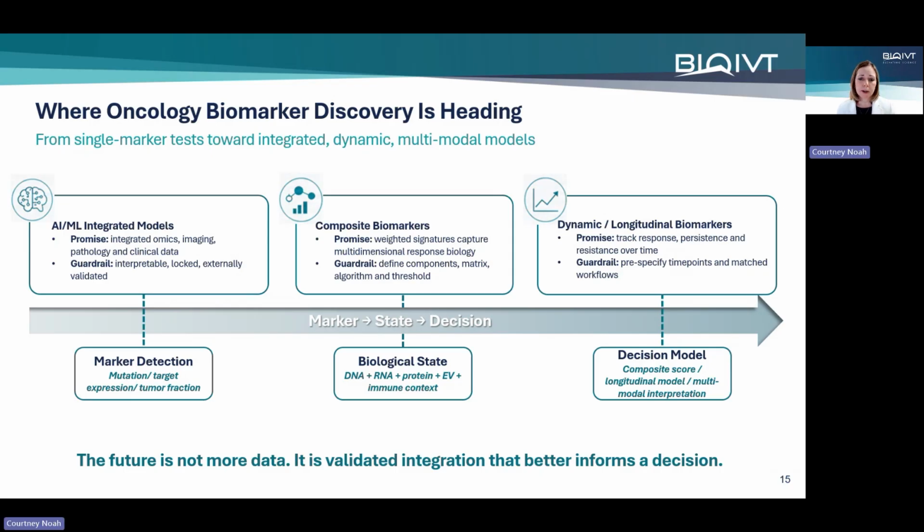Second, composite biomarkers that integrate multiple biological features into a unified score are becoming important tools for us to use. And third, dynamic longitudinal biomarker monitoring allows us to view those biological changes over time. Importantly, success will depend on validation, interpretability, and reproducibility, not merely algorithmic sophistication.